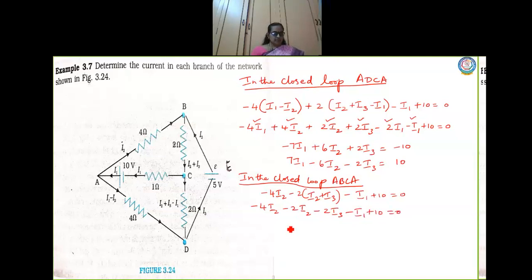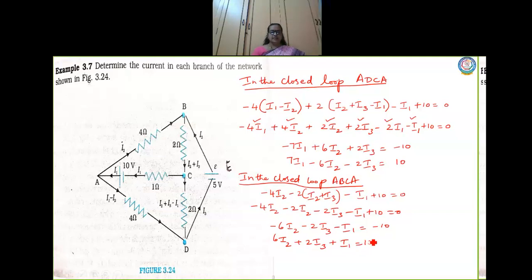So again I have minus 6I2 minus 2I3 minus I1 equal to minus 10. Take all the minus signs, you have 6I2 plus 2I3 plus I1 equal to 10. This is your second equation.